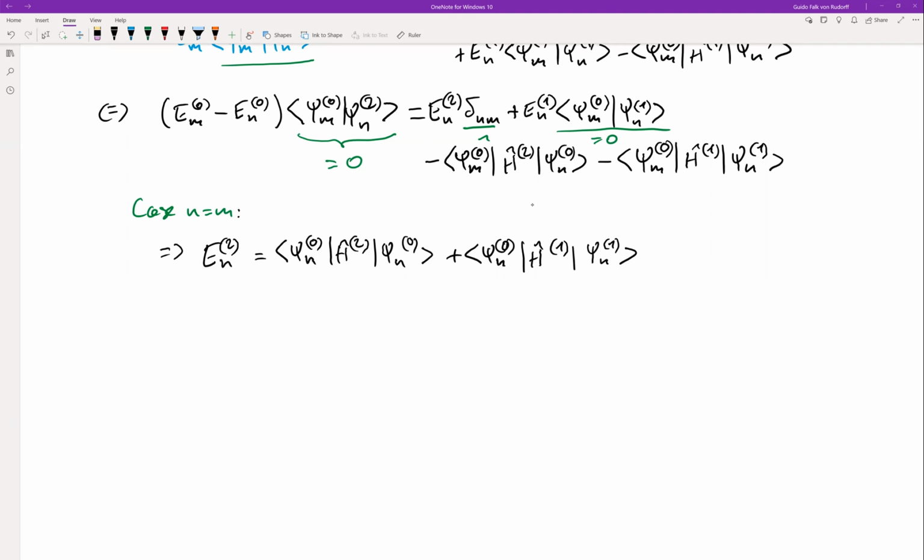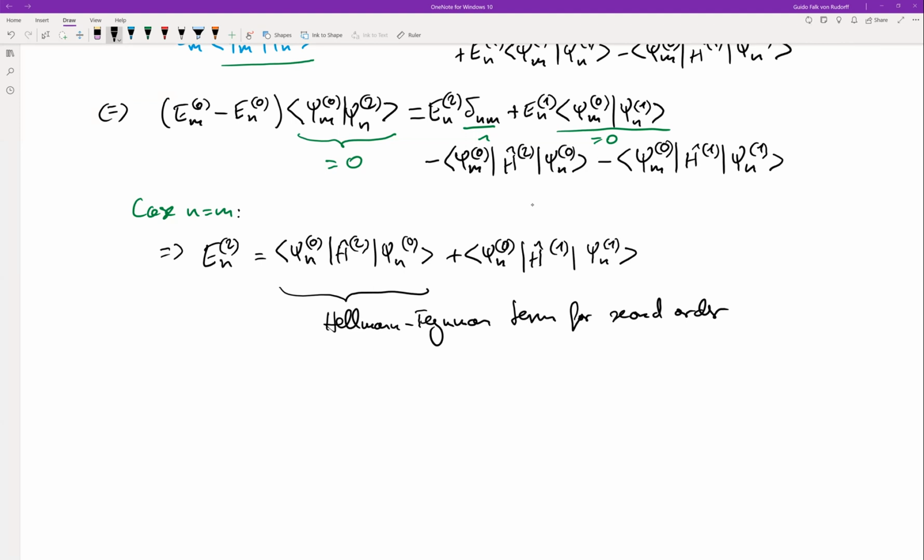So maybe to set things into perspective, this is also the Hellmann-Feynman term for second order.